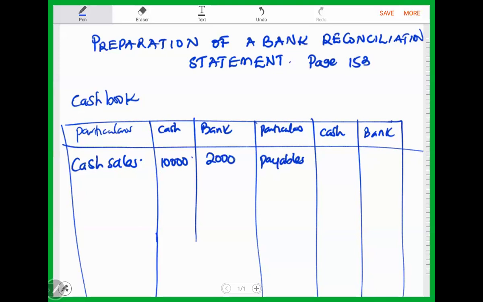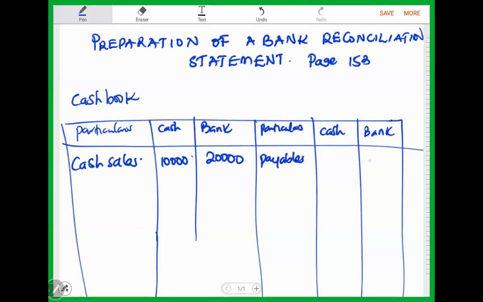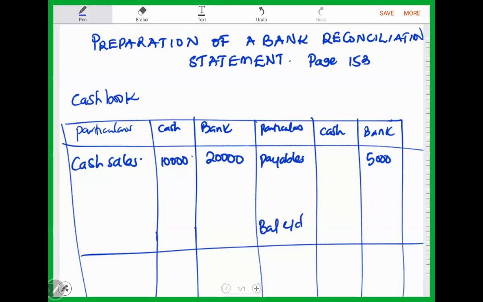We have also paid our payables, Ugandan shillings 5,000 through the bank. If that is the case, I am going to balance off my cash book. When I balance cash, I have a balance carried down here, add the cash of 10,000, sorry.